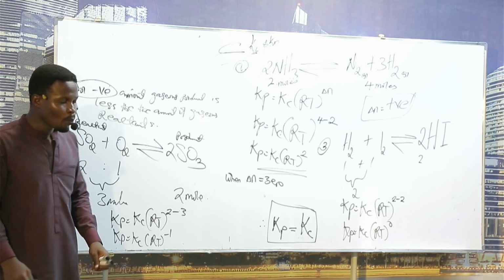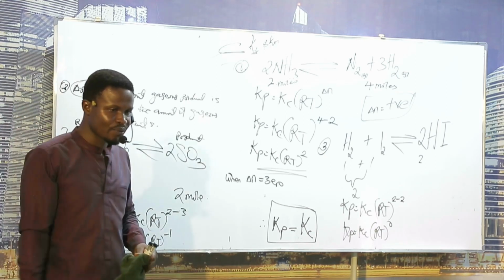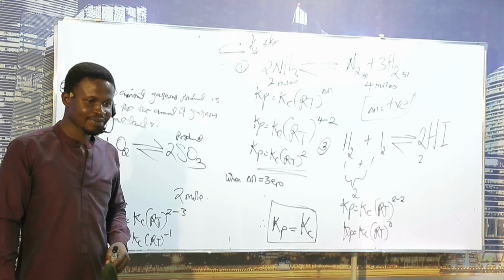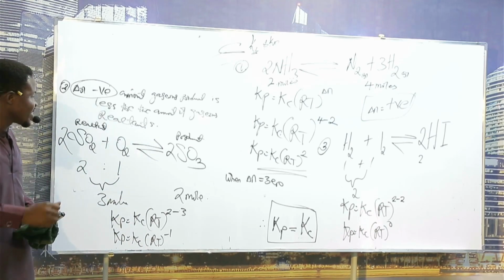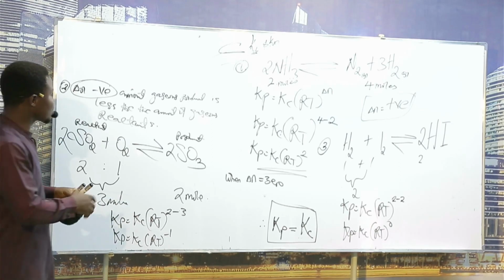Okay. Now, when change in n is greater than 0, what happens? We have 3 scenarios. Listen.